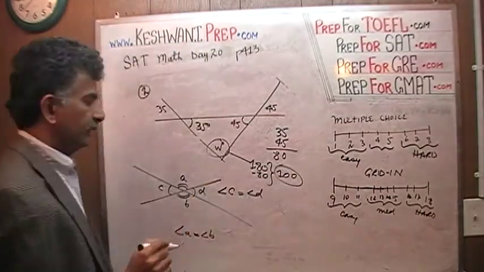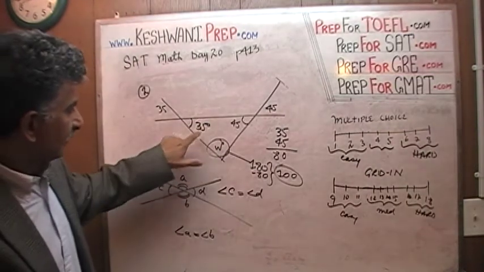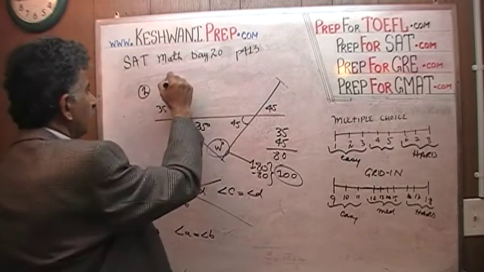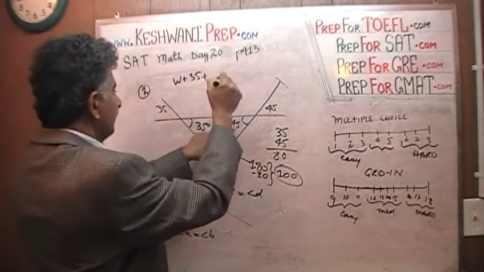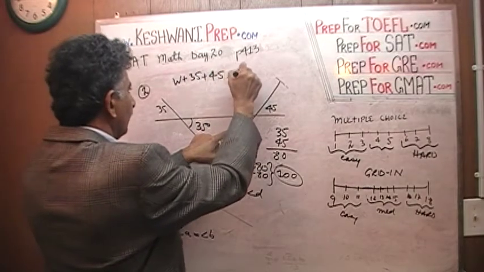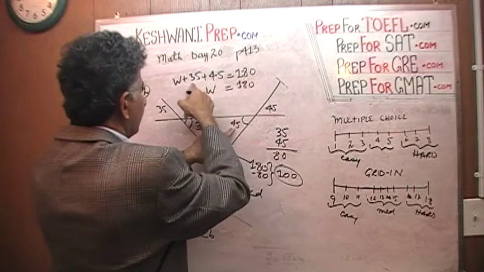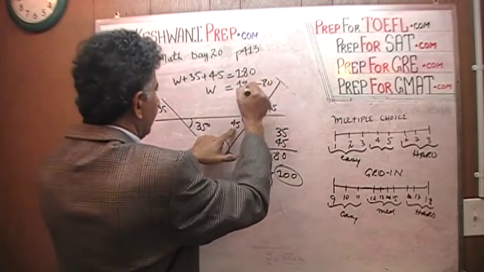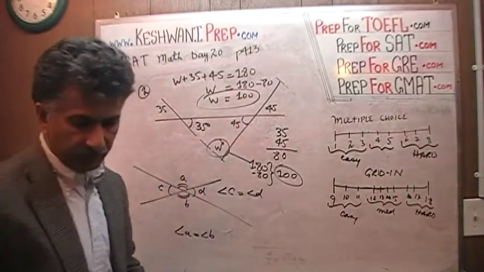W equals 100. You see, W plus 35 plus 45 has to equal 180, and therefore W equals 180 minus 35 minus 45, which is minus 80, so it gives you 100. That's all. We are done.